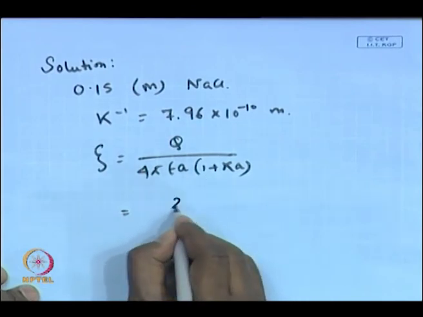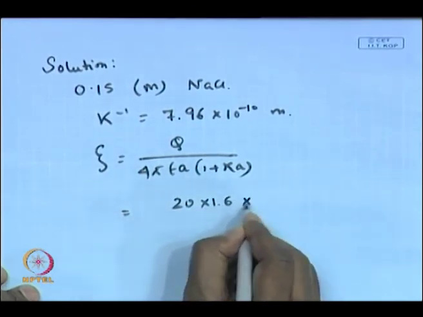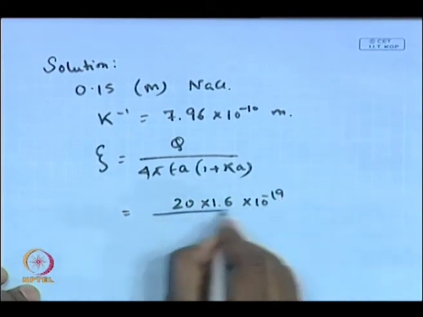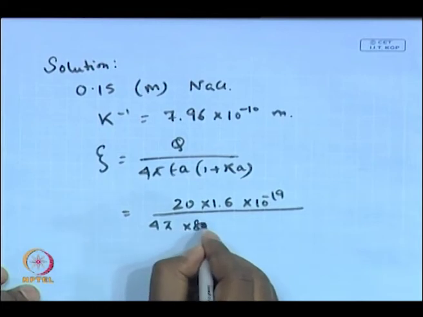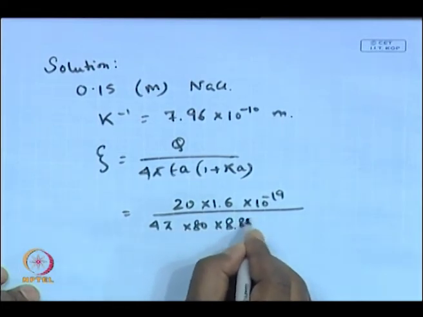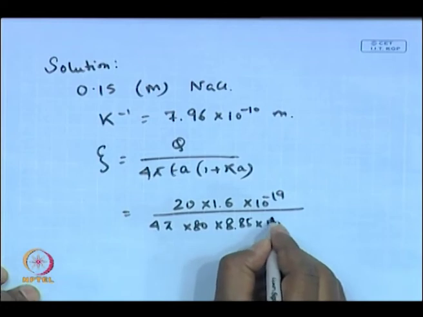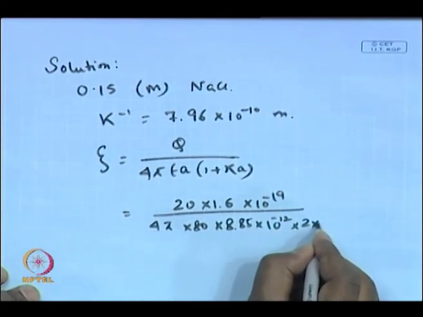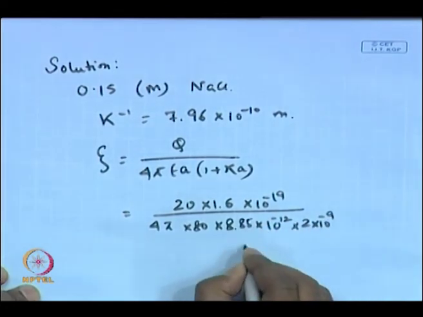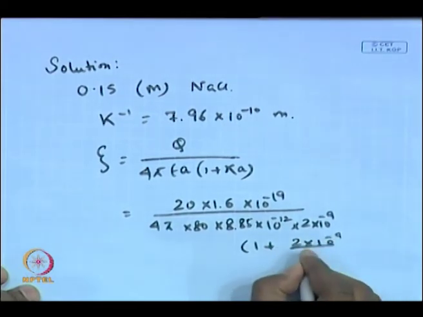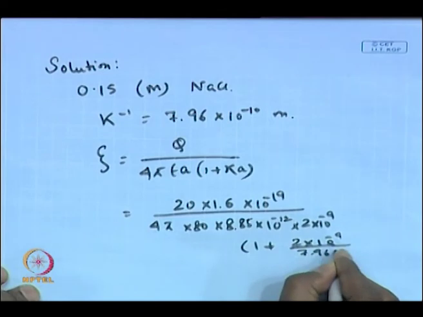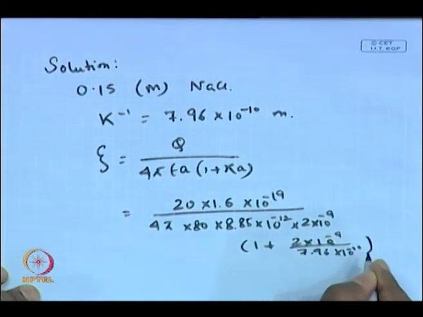So, you will be having 20 into 1.6 into 10 to the power minus 19 divided by 4 pi into 80 into 8.85 into 10 to the power minus 12 into 2 into 10 to the minus 9, 2 nanometer, into 1 plus kappa A. So, kappa A is 2 into 10 to the minus 9 divided by 7.96 into 10 to the minus 10, that is the kappa inverse.